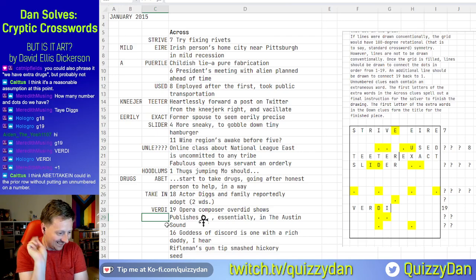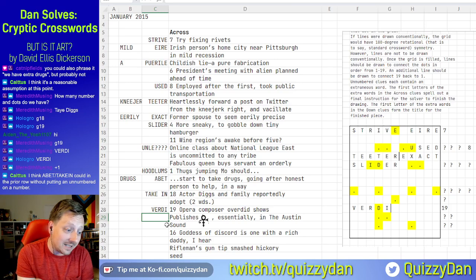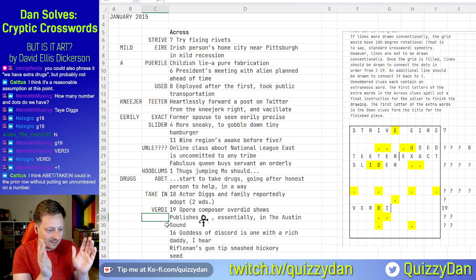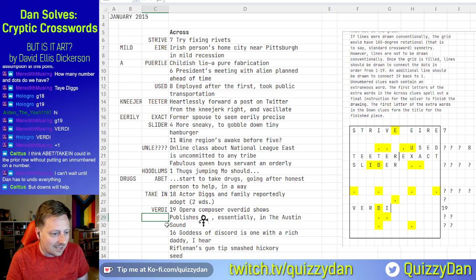I love that, Meredith. I love it. Publishes the Prince symbol, essentially. Please tell me that that is going to be extra. So it's a non-number clue. There's an extra word. In the Austin sound. Downs will very much help. Publishes that, essentially, in the Austin sound.